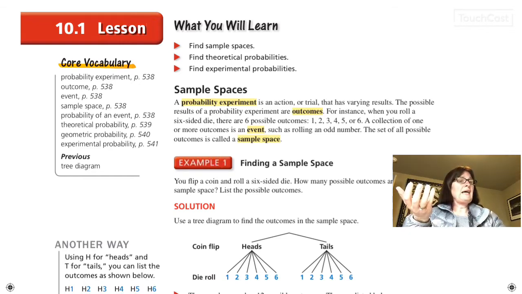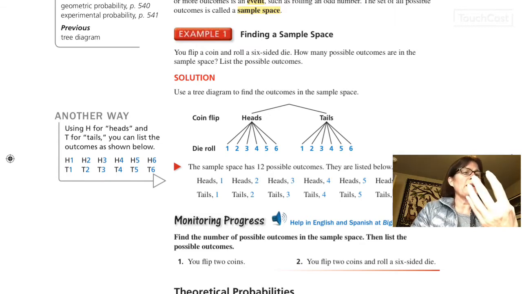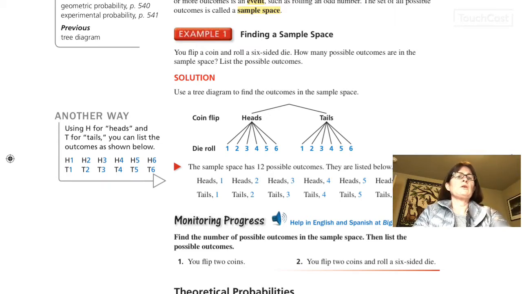Rolling the die is the experiment. The possible outcomes are 1, 2, 3, 4, 5, and 6. Rolling a 6 is a specific event. And then a sample space is just a list of all the events. So you can see some ways here that they've shown you how to say what the sample space is.